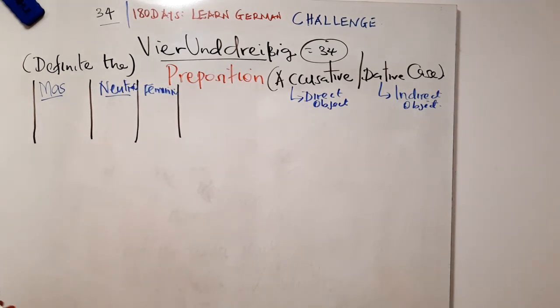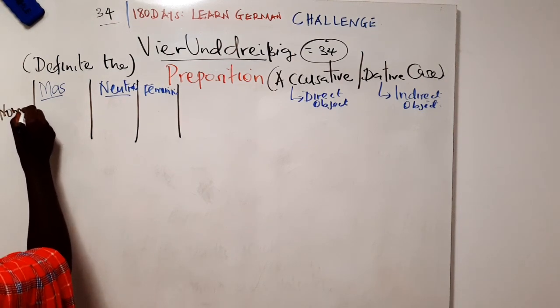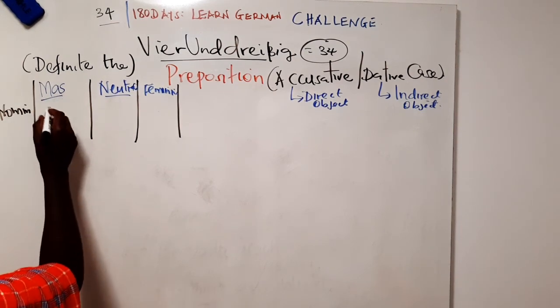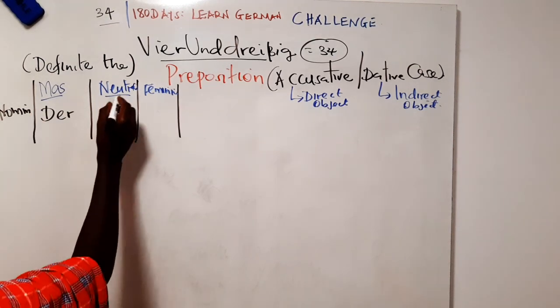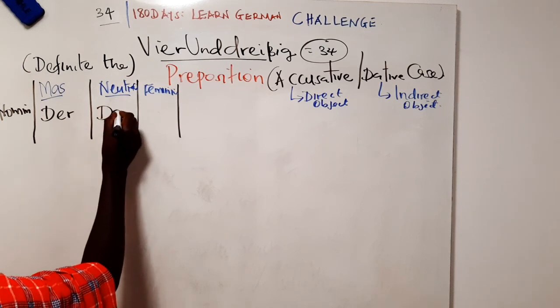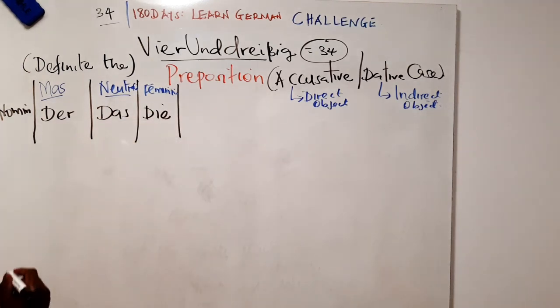If we start with the nominative case, masculine will be der, neutral will be das, feminine will be die.